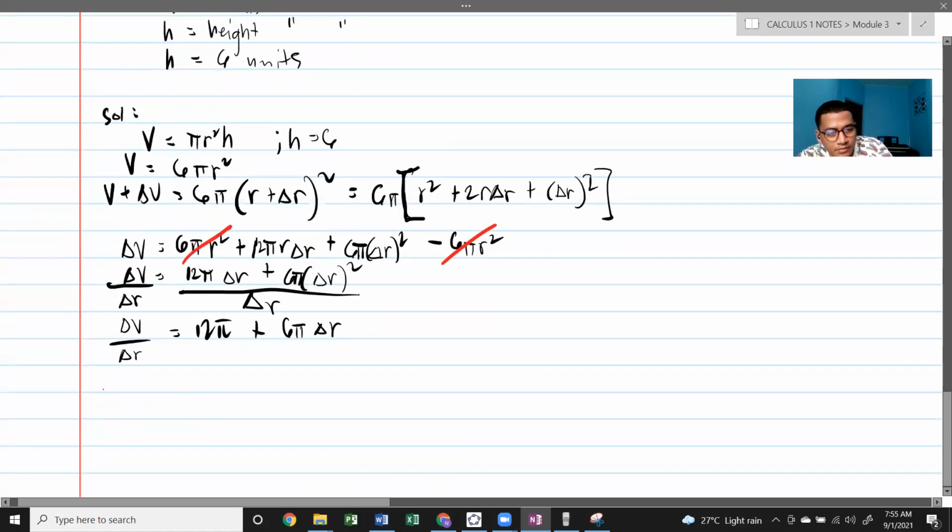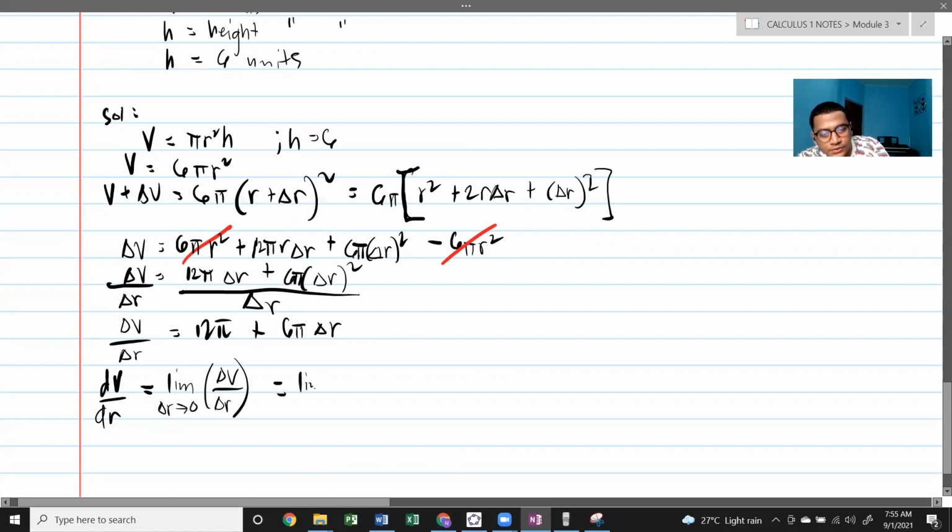So our derivative, the derivative of V with respect to R, is equal to the limit of the ratio of delta V over delta R as delta R approaches 0.